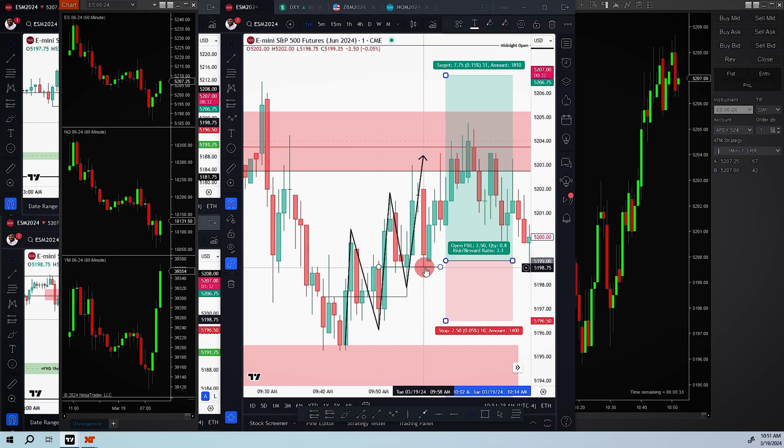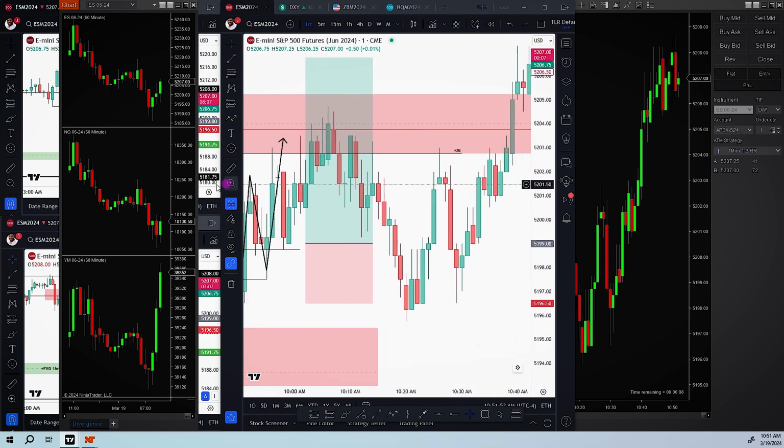I would have got picked up here. I was going to take some off there, take some off there, and then leave like one. So I probably would have done 2 at that high, 2 at that high, and then left 1 on to see if I can get up there, with the other ones being locked in profit somewhere, right?